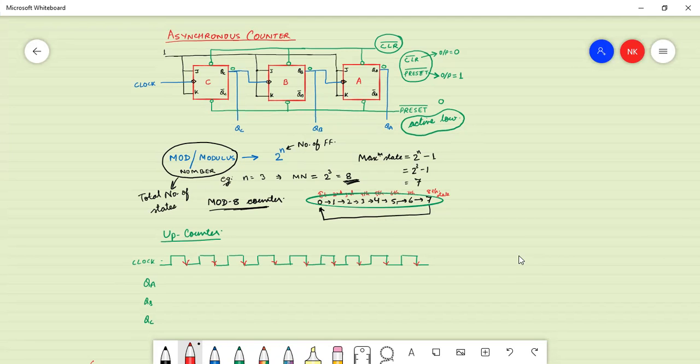Okay. So I am drawing the signal for the output QC. Firstly, here I should have the signal, so let me draw that.